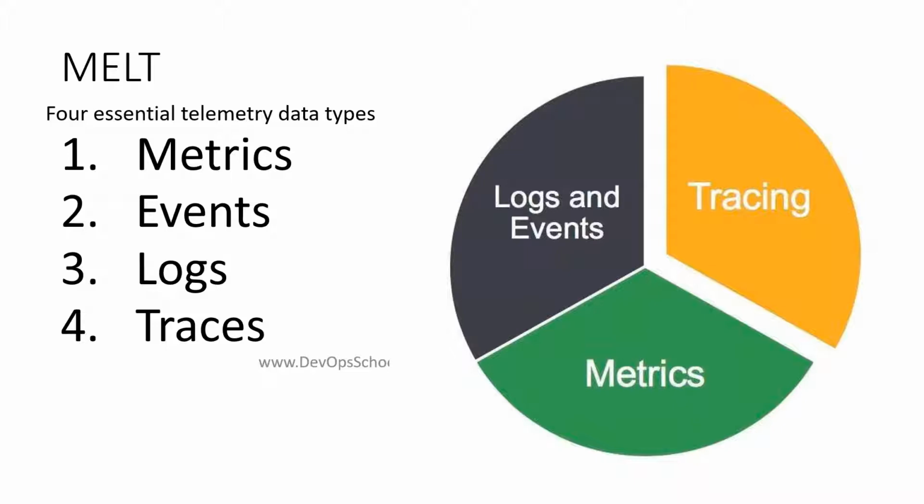Traces means the traffic you generate on the website, the response you get, and the request that travels through the n number of endpoints in your application or maybe outside of it. That is called traces. So if you really want to set up observability, you need to gather these four types of data in one place.